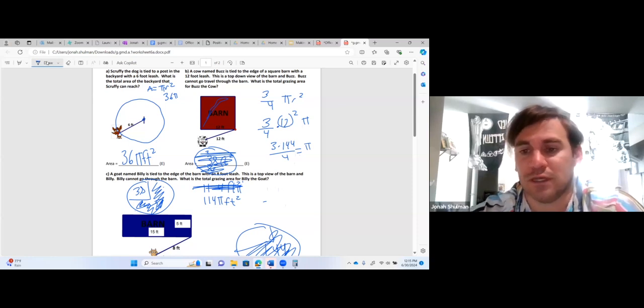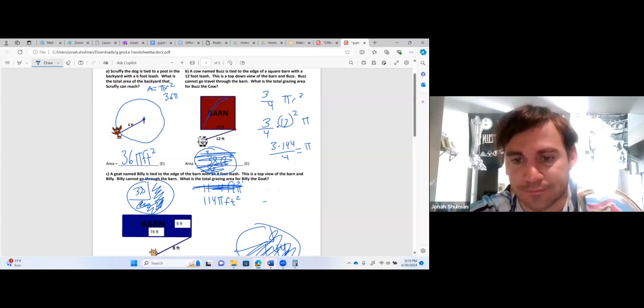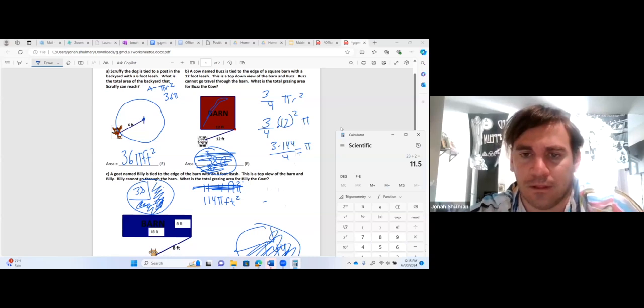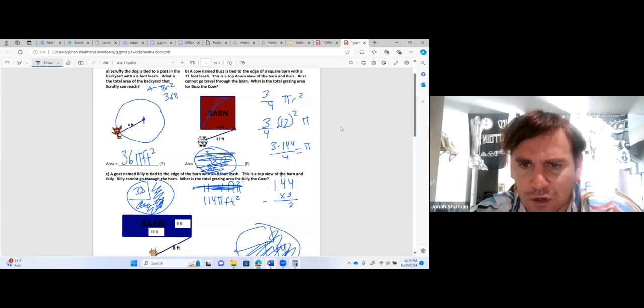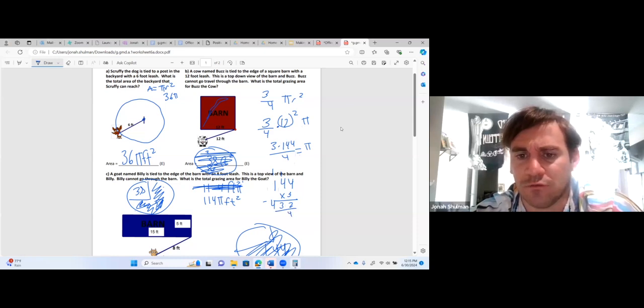And then 3 times 144: 4 times 3 is 12, carry the 1. 12, so 13, carry the 1. 3, 432. So I have 432 divided by 4.